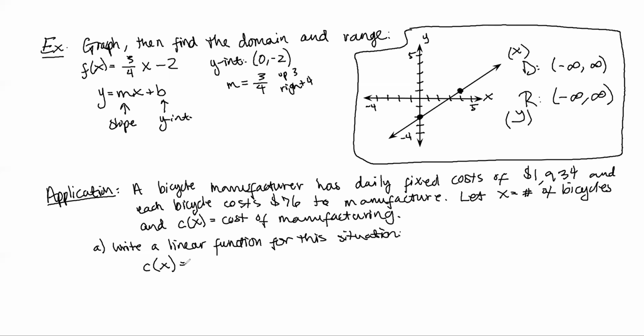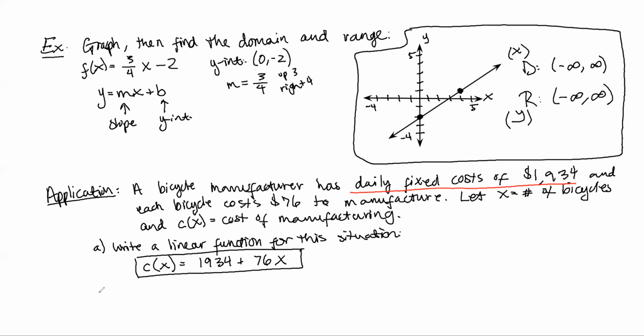They have daily fixed costs of $1,934. Now that's just a one-time daily cost. It's not per bike. So we're going to have 1,934 plus, what is the other cost? Well, each bicycle costs $76, and that's each bicycle. So we're going to have 76 times X. And so this is our function for cost.